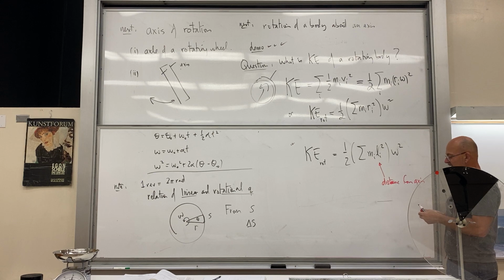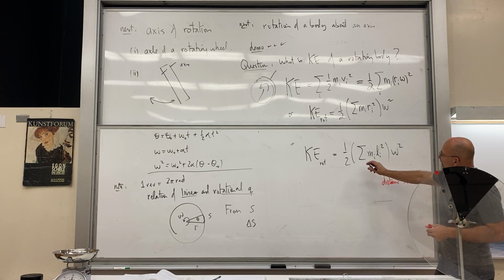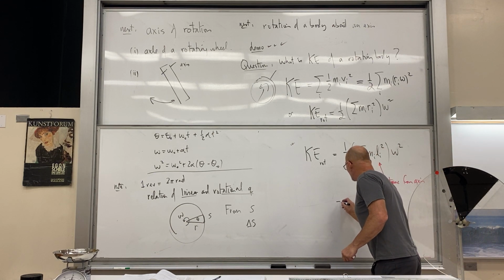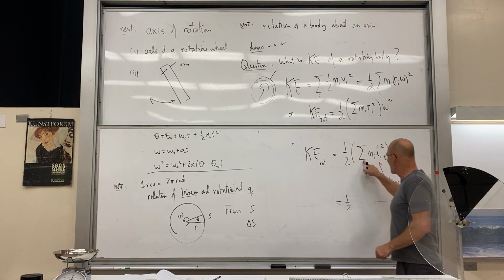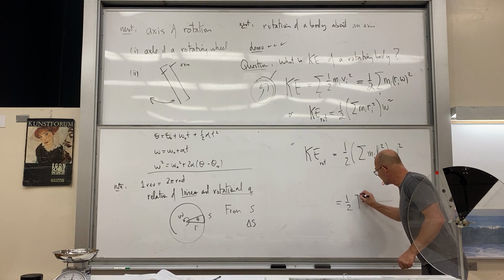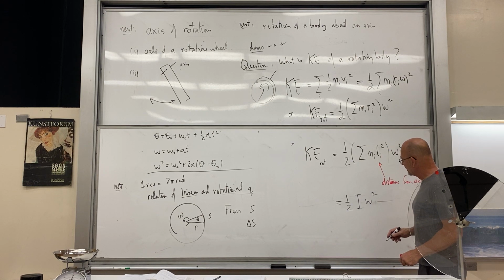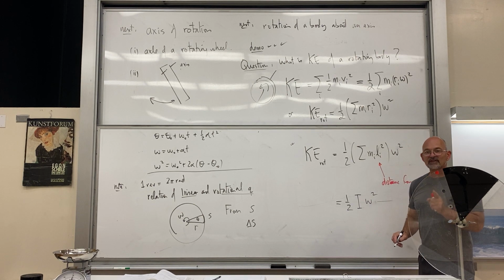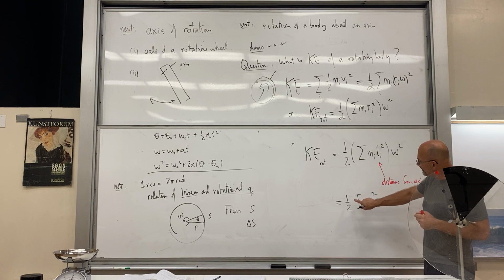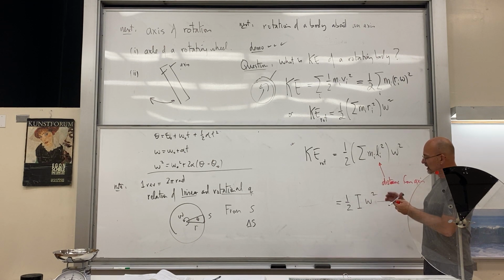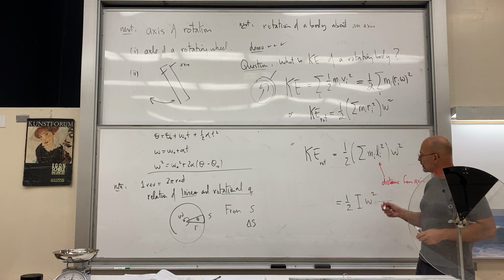Okay. So this is interesting because we have 1/2, and now a new quantity that's going to get the letter capital I, and omega squared. This looks just like the translational kinetic energy, except instead of the mass, we have something called the moment of inertia.